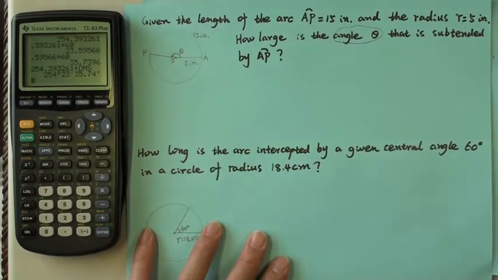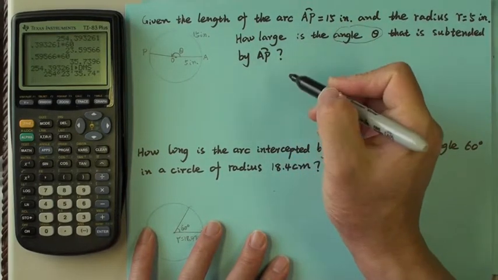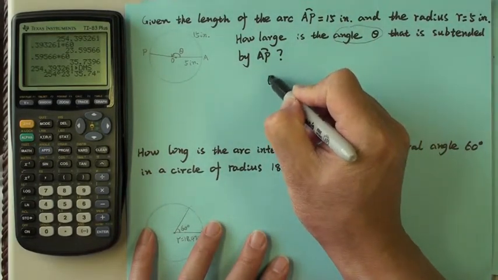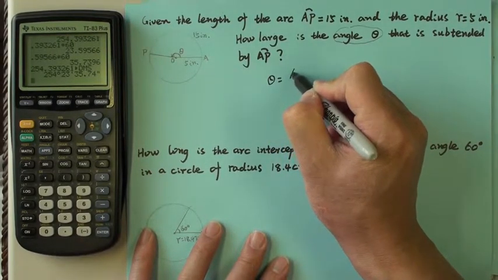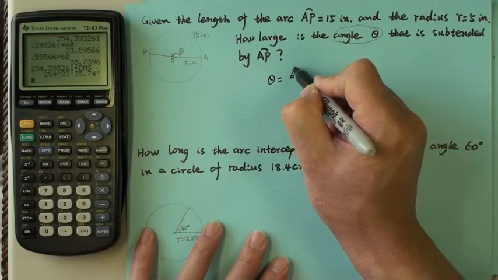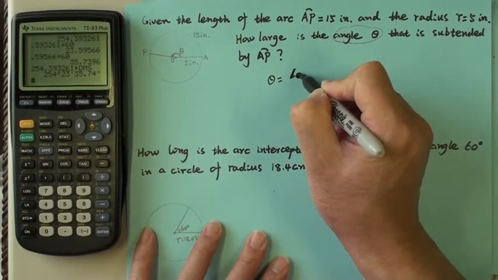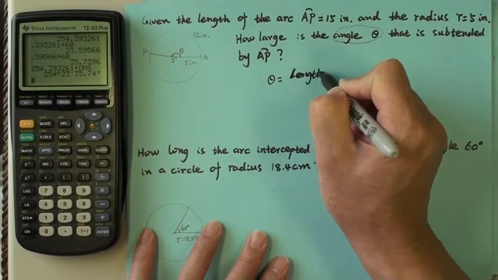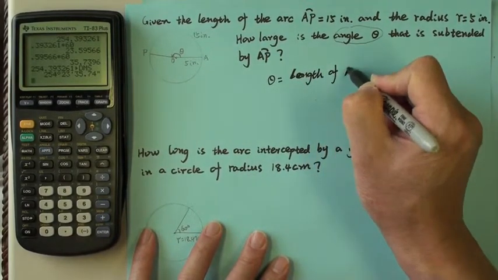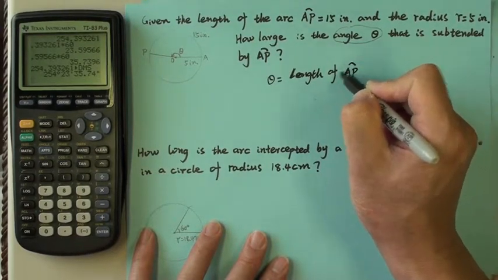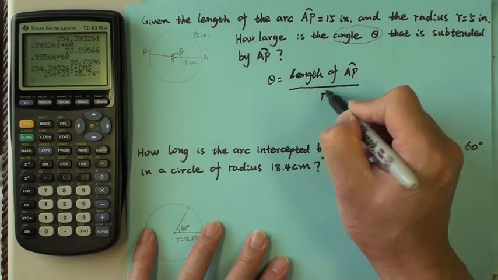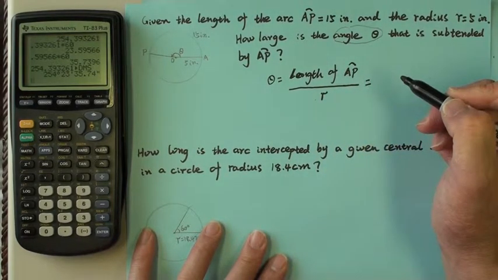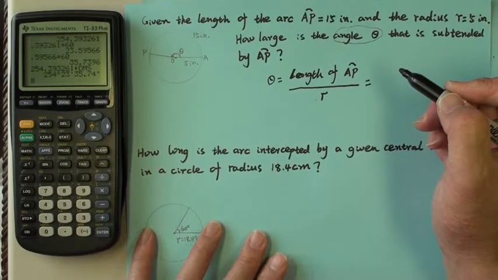Theta. You want to remember theta is actually the length of arc AP divided by R. So this is how radian is defined.